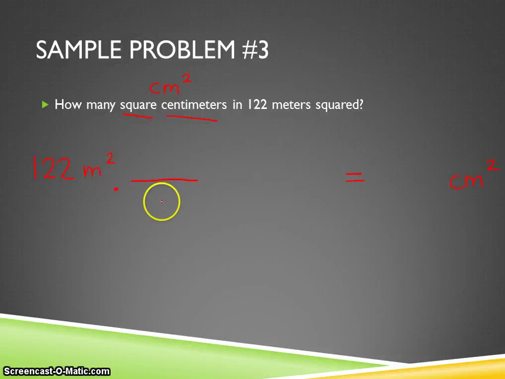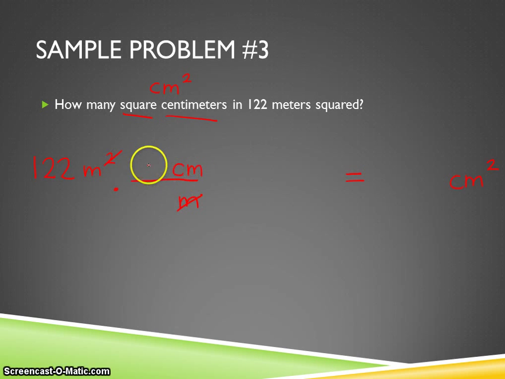So for me, I just know that if I have meter squared on the top and meter on the bottom, I can get this party started here and start canceling out units, because I know that a meter squared divided by a meter would get rid of that squared component and would get rid of this meter altogether. I like doing it this way because I don't need to remember any other conversion factors, and I think it avoids some mistakes.